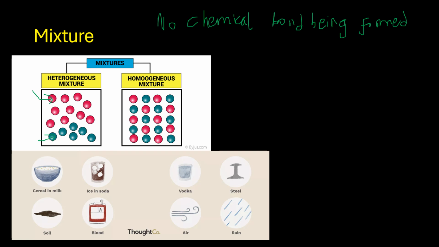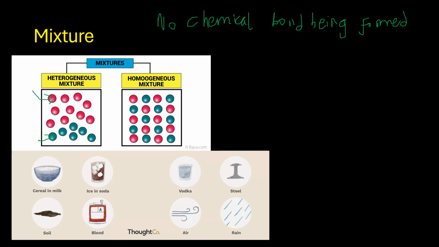If it was a compound or a molecule, you would see some type of bond between the pink substance and the green substance. But because they're completely separated from each other, there is no bonding.